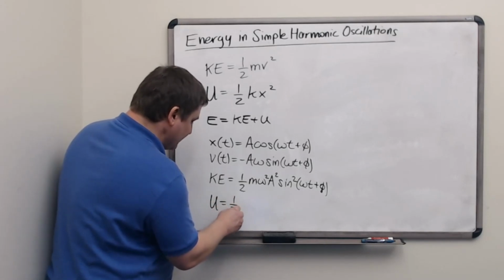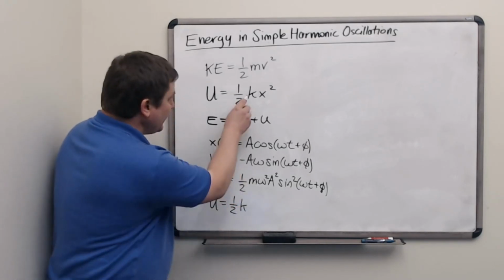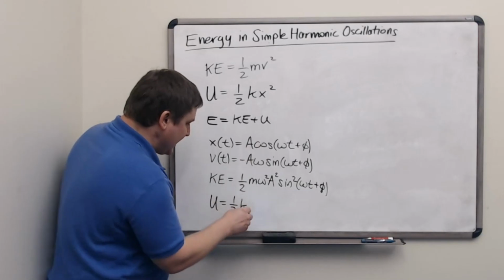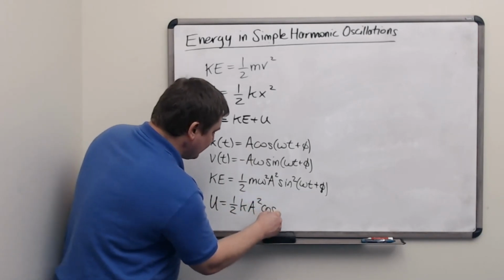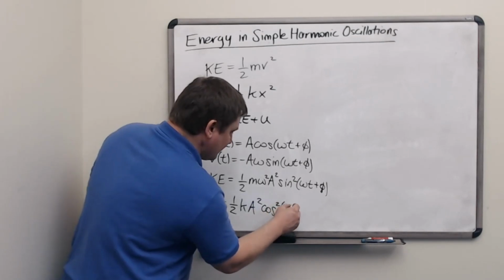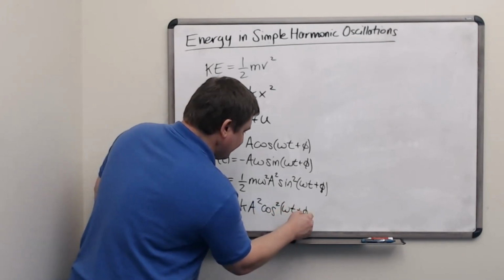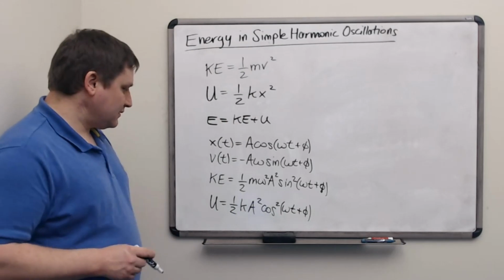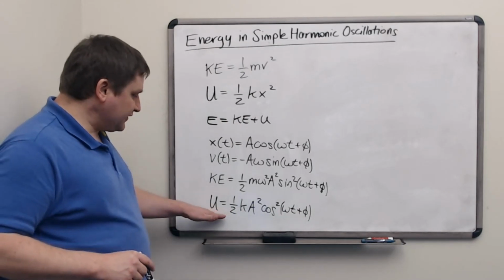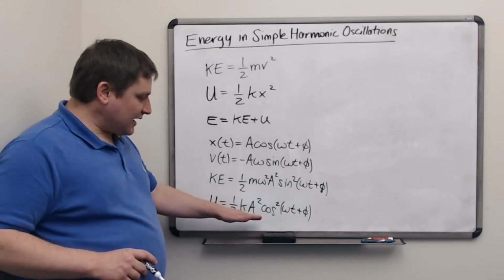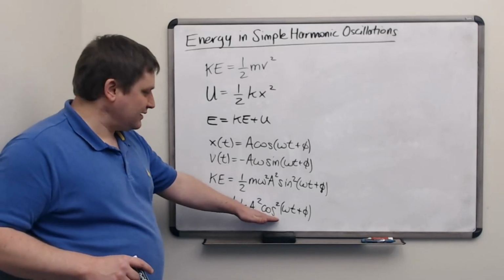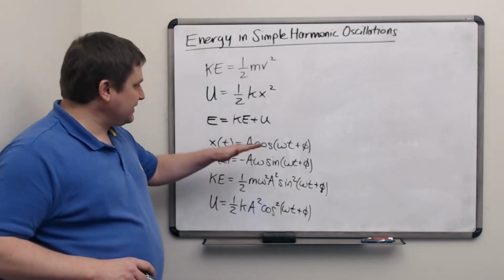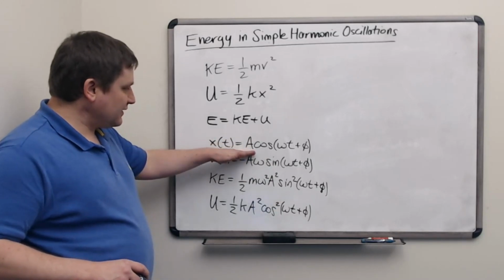To get the potential energy function, I'll take 1/2 the spring constant times the x function squared. That will just be a squared times the cosine squared of omega t plus the phase. So the potential energy is also varying with time, and it's large when the cosine is either plus or -1. Remember, the cosine is related to the position.